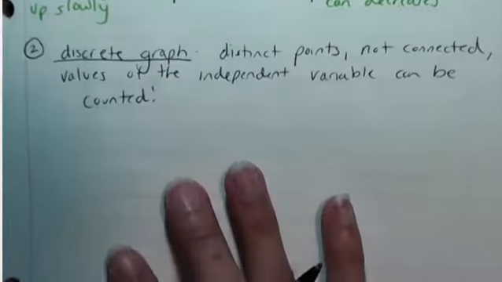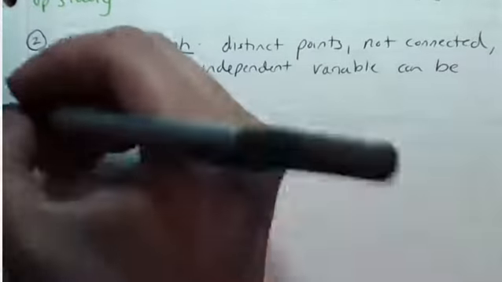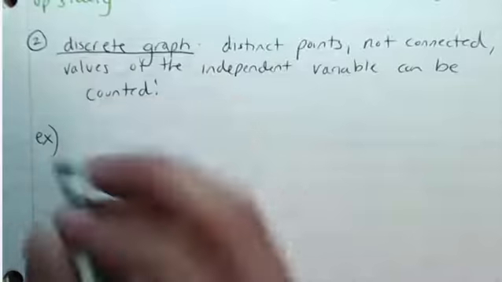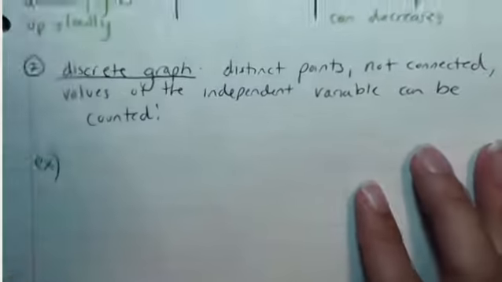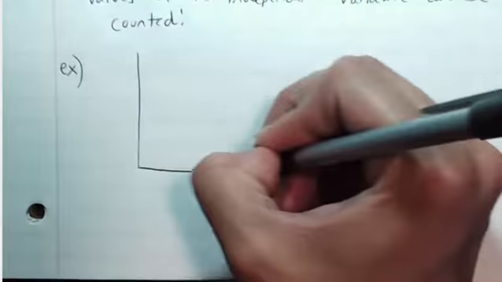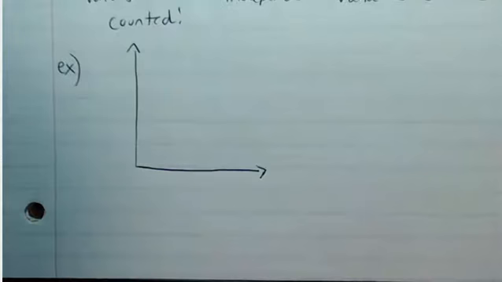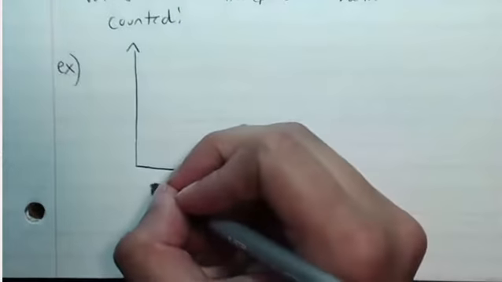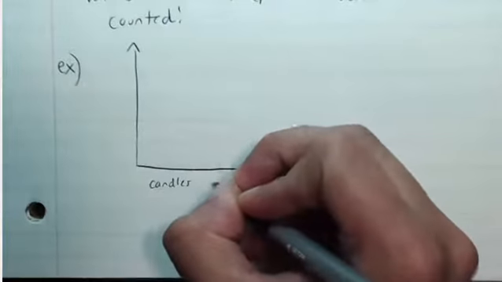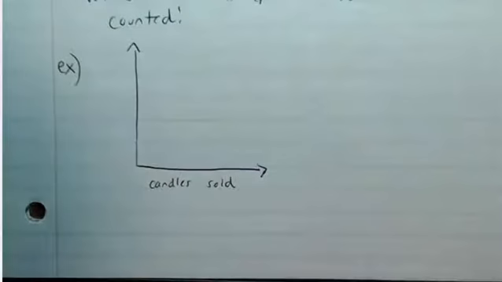So let's do an example before we actually look at some more. I'm going to make one up as we go. So go ahead and draw quadrant 1 of our graph. And again, we always have to identify the two variables. So let's say this is candles sold and amount earned.